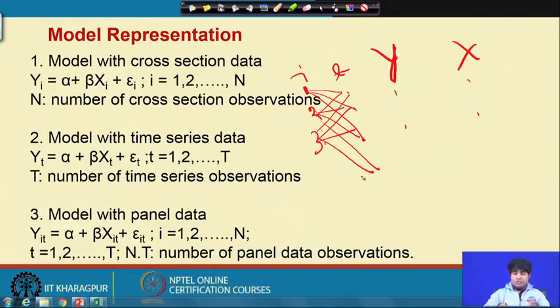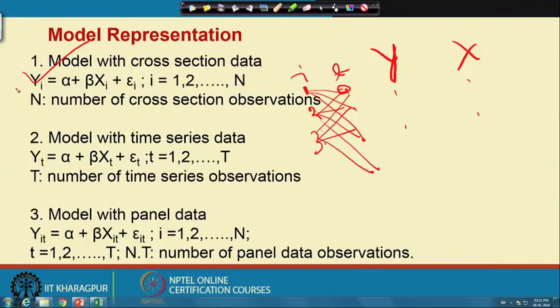So, it is a kind of chain, and what will we do? Keeping t constant, we allow i to vary and then do the modeling, and in that case the model is called cross sectional modeling. At a particular point of time t will be constant, and we allow i to vary with respect to y and x.